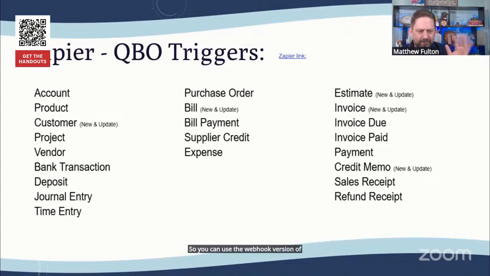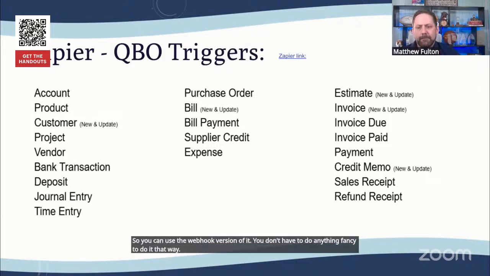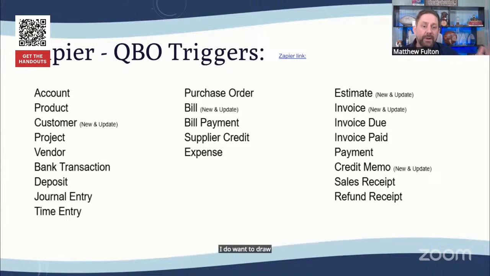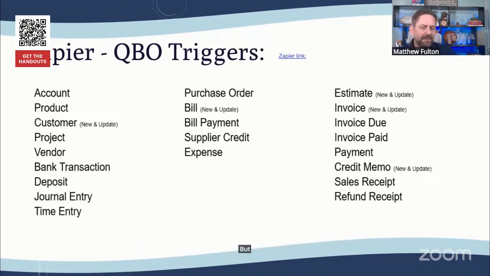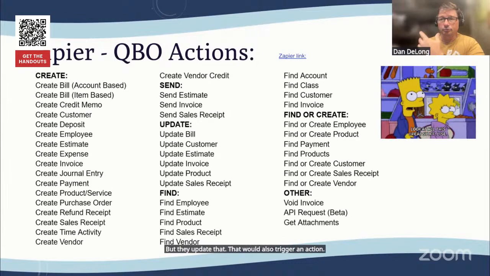You don't have to do anything fancy to do it that way. I do want to draw attention to the ones that say new and update, just in case there's a question on it. That means as a trigger, any of those, so customer, bill, estimate, invoice, and credit memo, are the only ones where, if something is already created but gets updated, that would also trigger an action, or could potentially be your trigger, right?